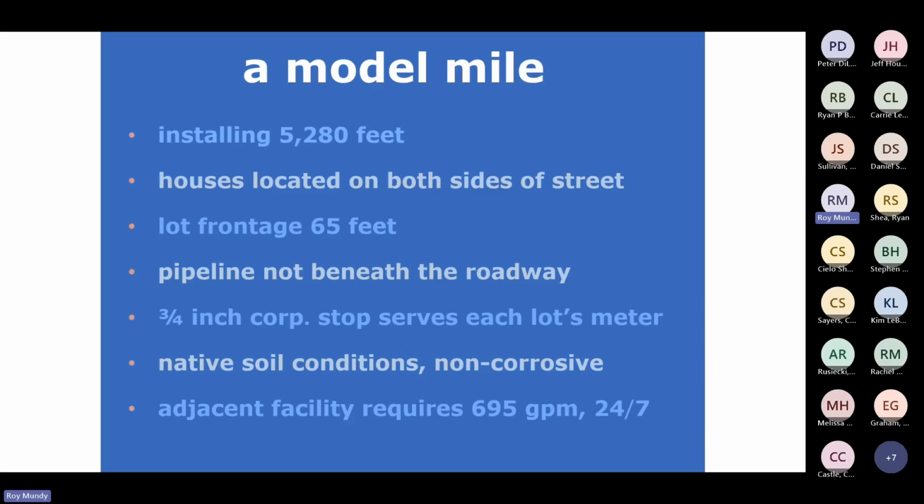And as I mentioned in our earlier presentation, basically the soil conditions in central Kentucky are very good and are non-corrosive. Basically 80 to 85% of soils in this country are non-corrosive, and that's the way it is here in central Kentucky.